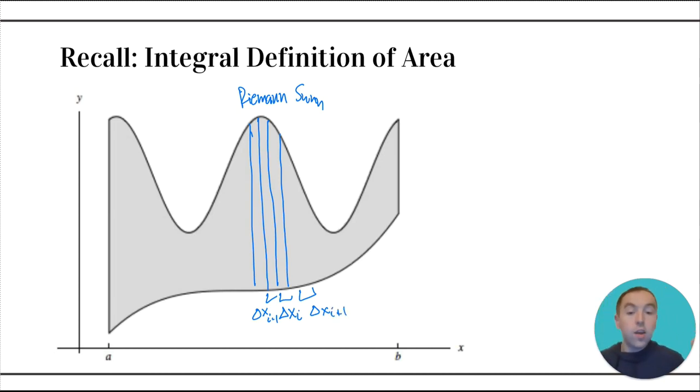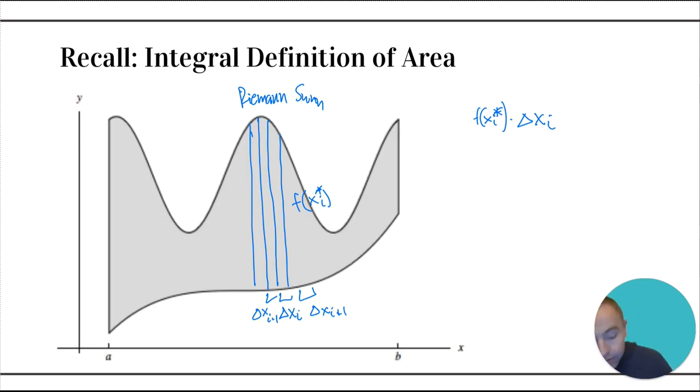So basically just the change in x right there. Then the height of each interval would be f of x sub i star, some determining factor to determine the height. Each rectangle would have an area of its width, the change in x, times the height, f of x sub i star.